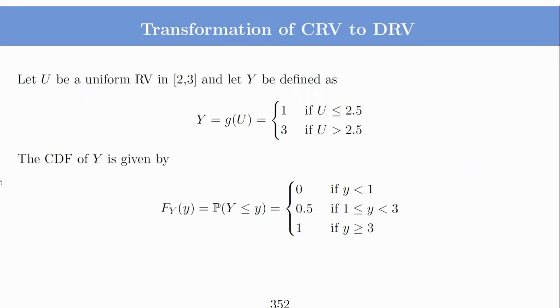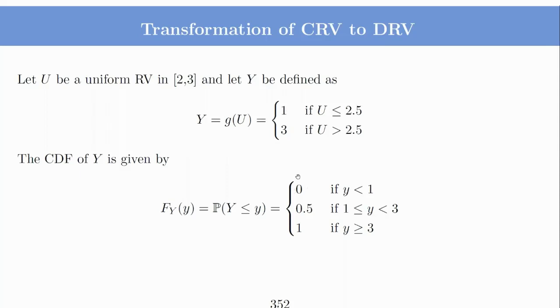But if this was a mixture of both, then we don't know whether it's a PMF or PDF. So in that case, you can directly calculate the CDF also. You would be interested in computing the probability that Y is less than or equal to y. You change y, and then we observe the values of this function, and that will be your CDF. So if y is less than 1, then the probability that Y is less than this number is 0, because there is no omega which will map to a number less than 1, as all are mapping to 1 and 3 only.